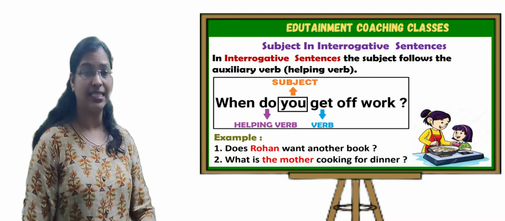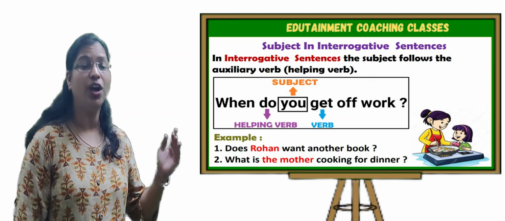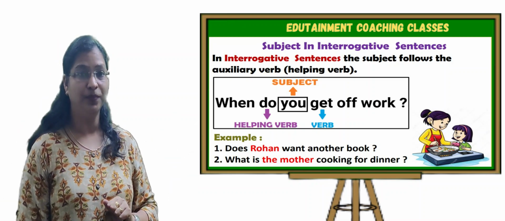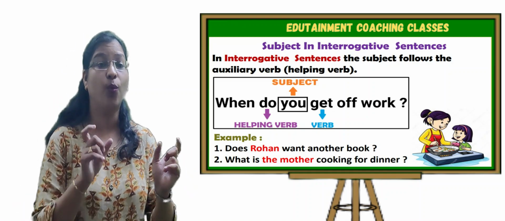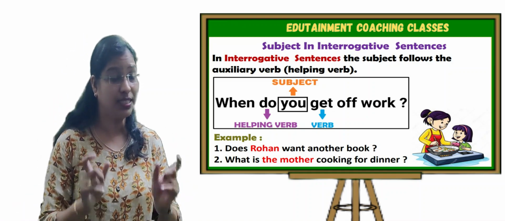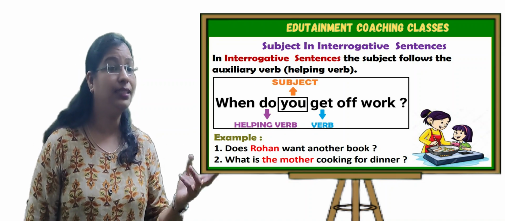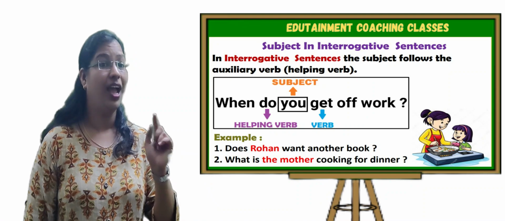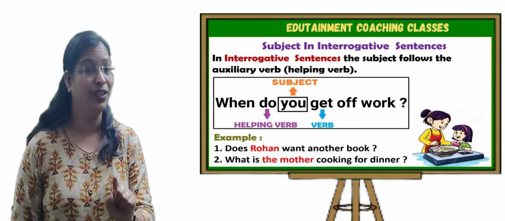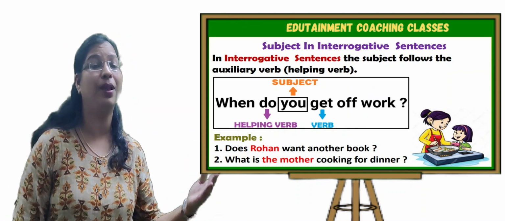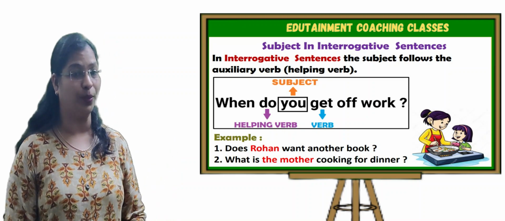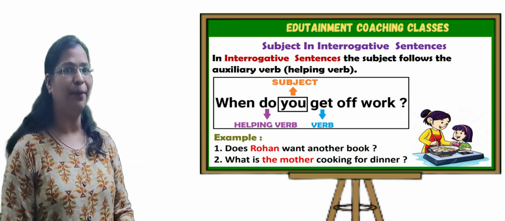Now have a look at this next example. Does Rohan want another book? So here does want. These are the verbs. Want, it is the main verb. Does is the helping verb. And Rohan is the subject. So the subject Rohan, it is placed after the helping verb. Now have a look at the next example here.